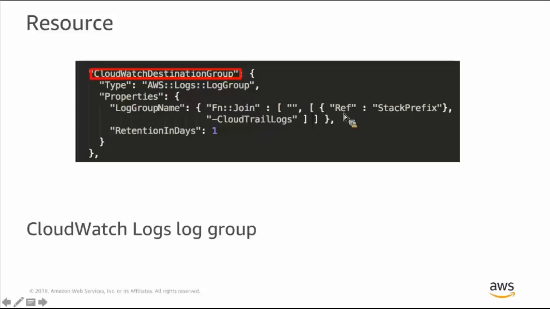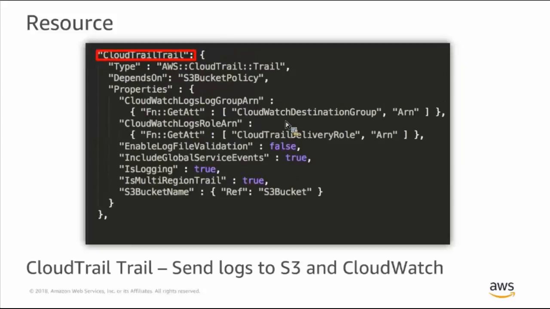Depends on the resource what it is. In this case, this is our stack prefix that you typed as a parameter. And so our log group name here is the prefix with CloudTrail logs. So this is the log group that we've created now in the template to receive the data from CloudTrail.